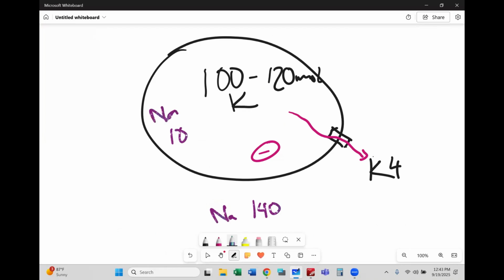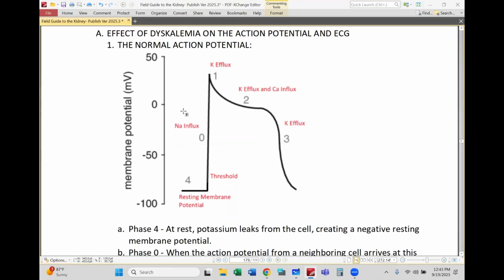So there's a tendency for sodium, if I insert a channel, for there to be an influx of sodium into the cell. If I have a resting negative potential difference and I open that channel, sodium rushes in, I then become less negative. So that's the upstroke, the sodium influx. That's when the action potential starts.